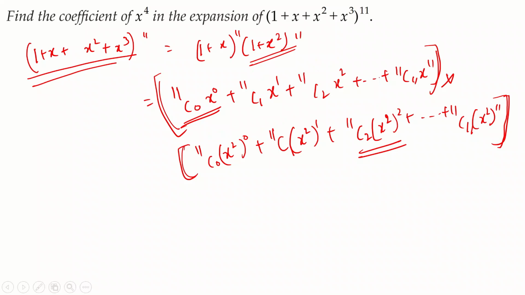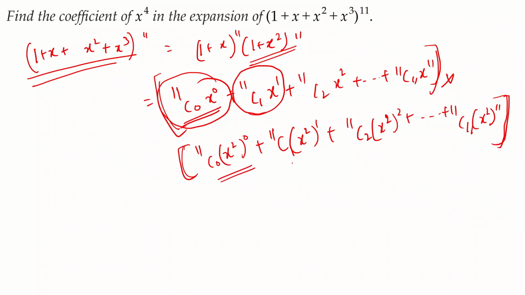So what are the possibilities of getting x to the power of 4? The possibility is that this is a constant and this will be multiplied to this term, then we'll be getting x to the power of 4. Okay, then another possibility is that we are having x over here and it will be multiplied to somewhere x cube over here, but there is no x cube because this is constant, then x squared, then x to the power of 4, then x to the power of 6. In this fashion it will go.